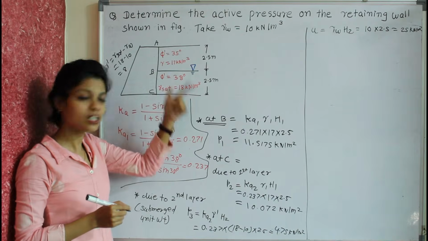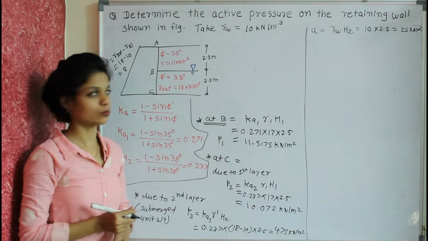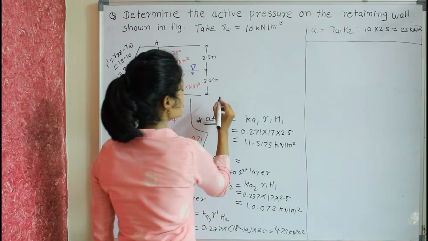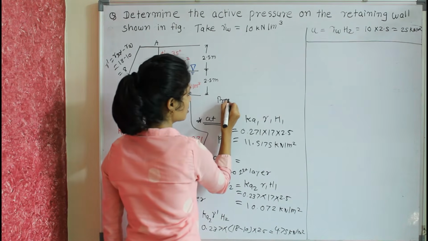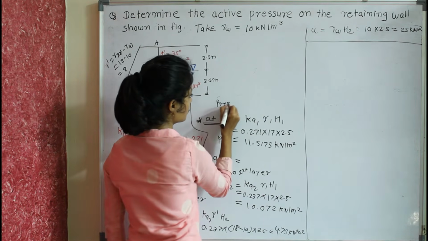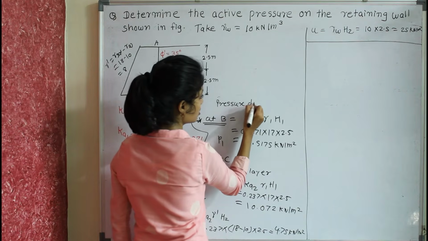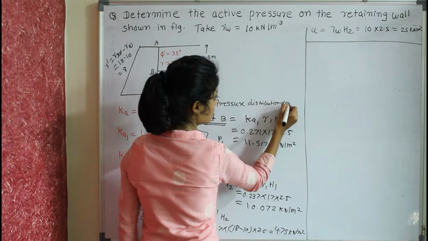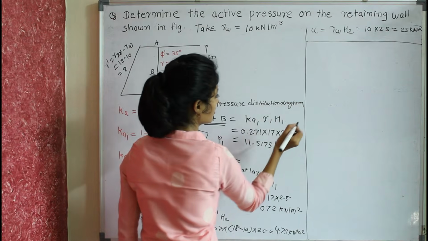Therefore, for first layer, U equal to 0. Okay, now to draw pressure distribution diagram.